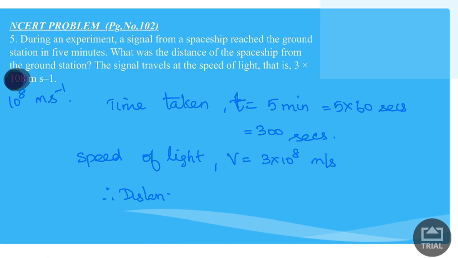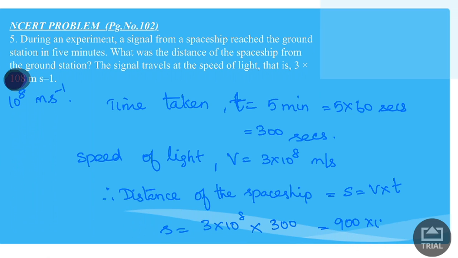Therefore, the distance of the spaceship, S, is equal to V into T. So S is equal to 3 into 10 to the power of 8 into 300, which is equal to 900 into 10 to the power of 8 meters.